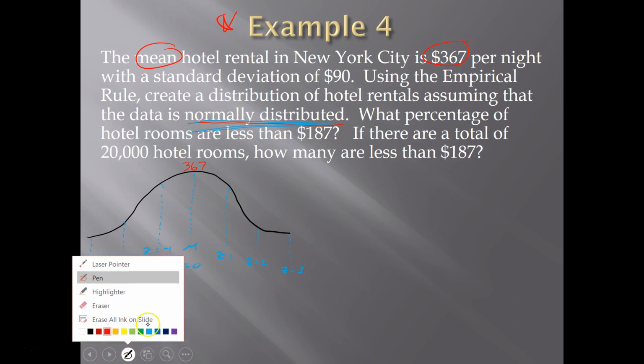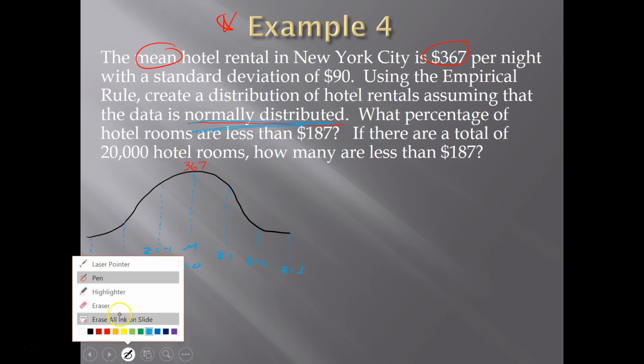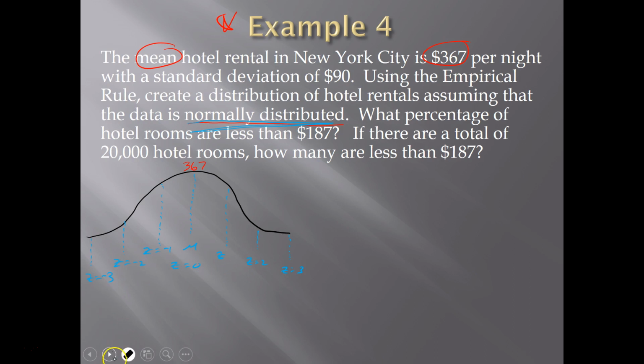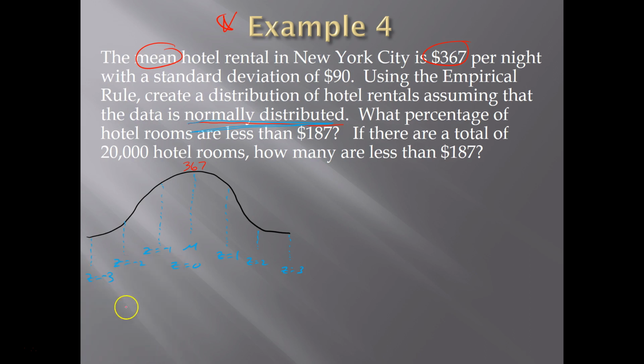If it has a z-score of +1, it's 1 standard deviation above the mean. So it's 1 standard deviation greater than the mean. Well, the mean is 367, this is our mu, and the standard deviation is our sigma. So add $90. If I add $90 to this, I get 457.